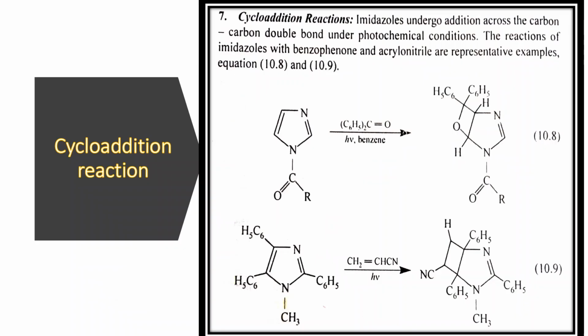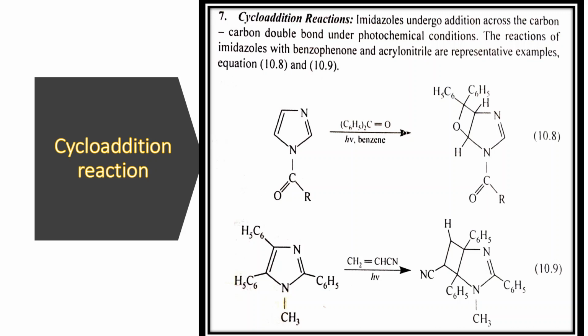Now, cycloaddition reaction. What is this cycloaddition reaction? The position between 4 and 5, because it is electron rich, will react with benzophenone or acrylonitrile. It undergoes a cyclization reaction to give you a fused product.